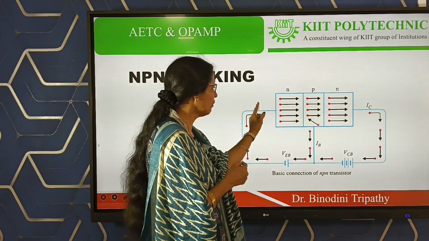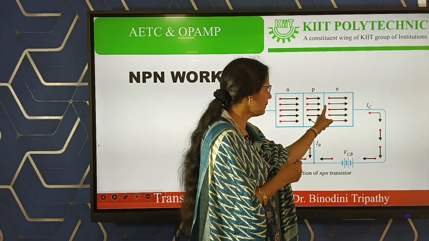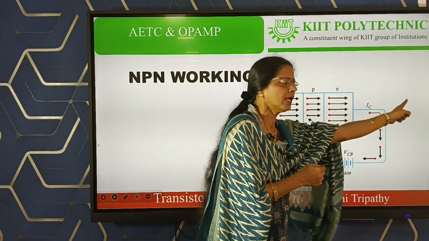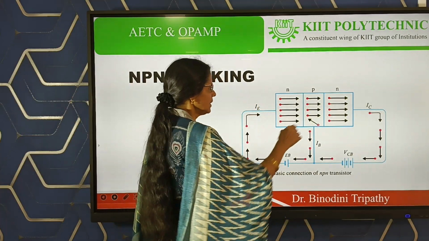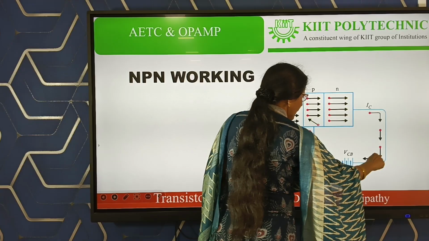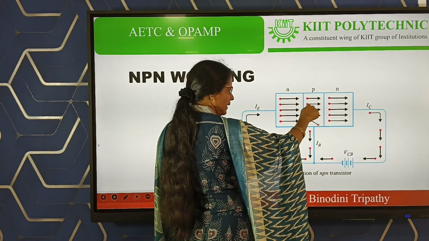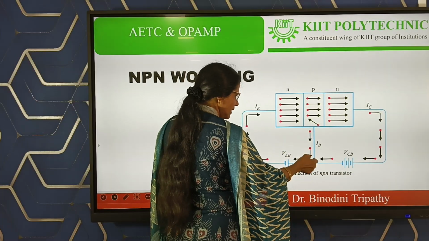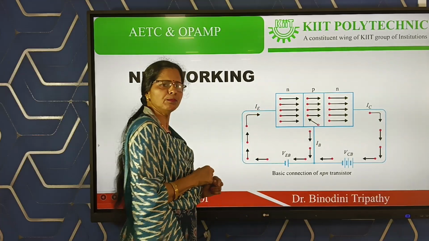So while all the free electrons go through the base, at the end of the base region this strong positive attracts all the free electrons towards the last end. As a result, these free electrons will move and pass like this. Again, the electrons that combined here will return in this way, and all the free electrons combine and return to the original position.